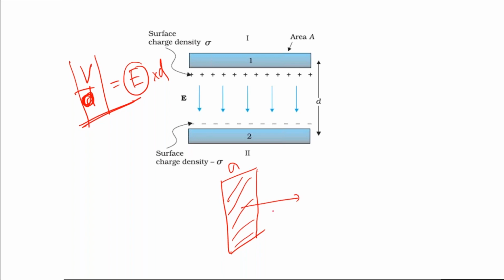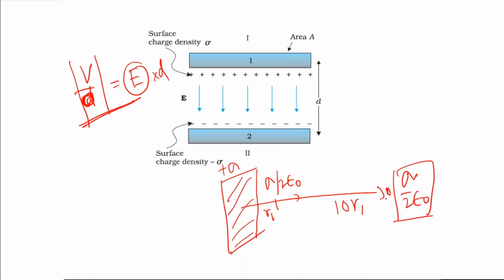If this is an infinite plane having charge density sigma, and this is positive charge, then at any point, say at R1, the field is sigma by 2 epsilon naught. If I go to 10 times R1, at this position also it is sigma by 2 epsilon naught. This is for infinitely long charges, an infinite plane sheet.